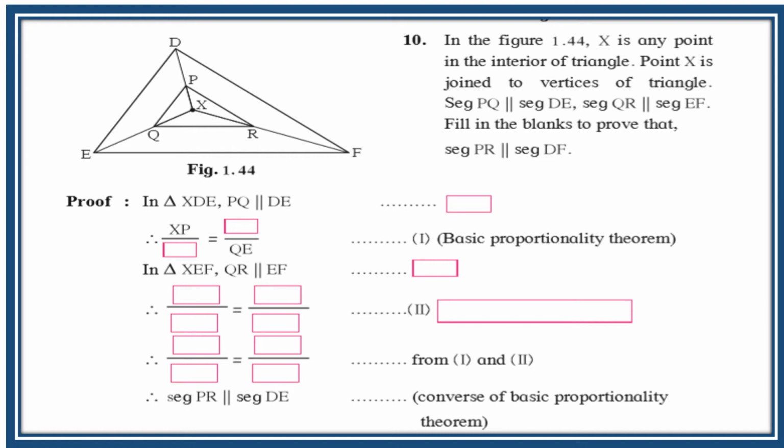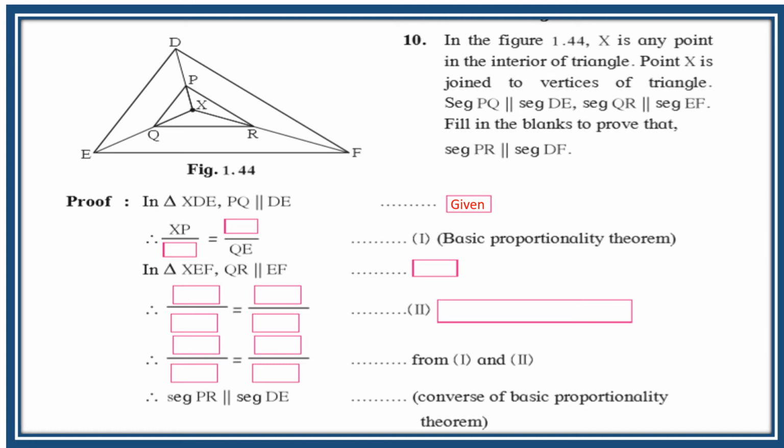So in this proof, they have started with the first triangle, that is triangle XDE. You can see the triangle in the diagram where PQ is parallel to DE. What reason are we going to write for this? Yes, right. Reason will be given. If PQ is parallel to DE in triangle XDE, what do we know then?